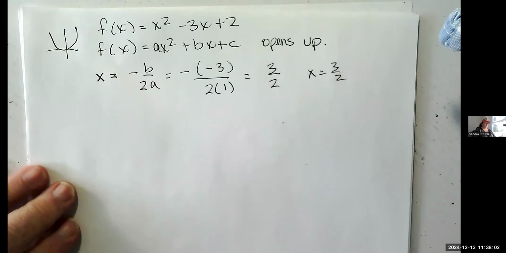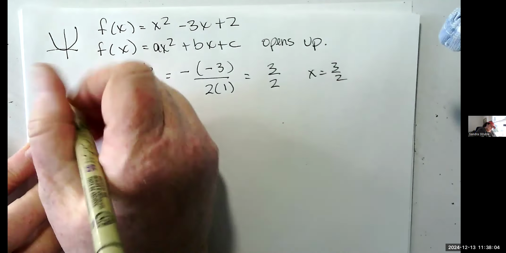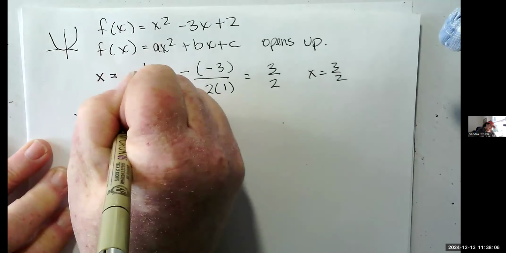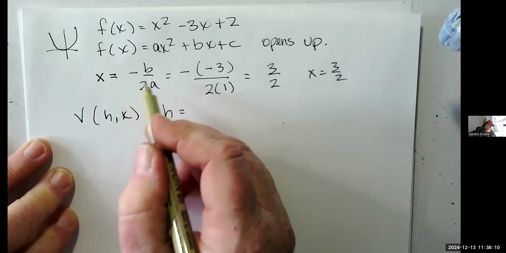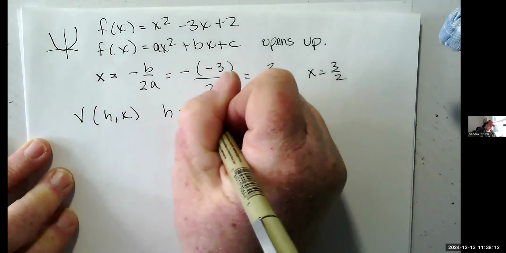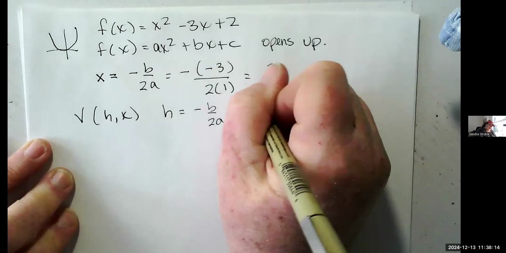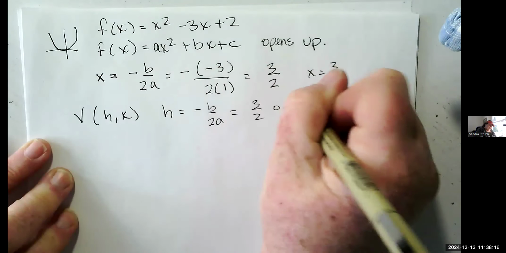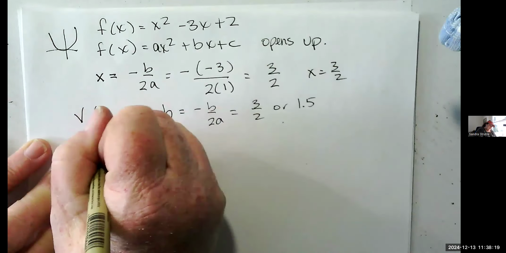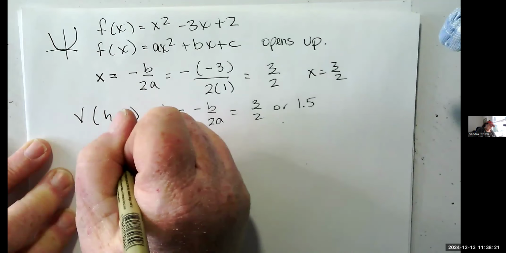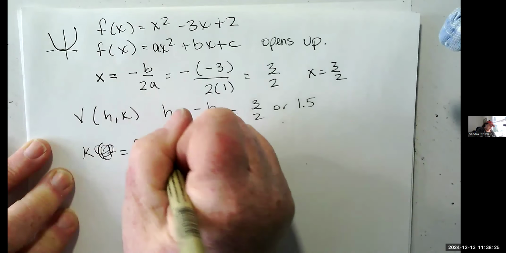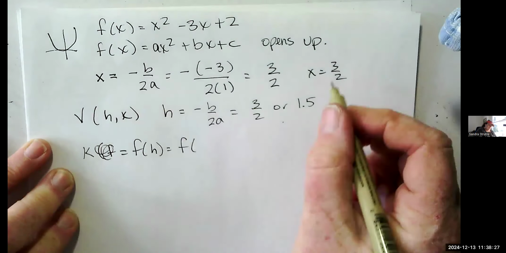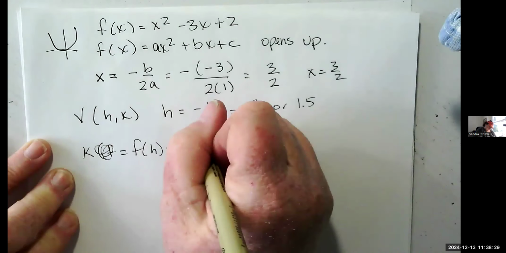All right, vertex. The vertex is HK. And remember, H is equal to the axis of symmetry version, the negative B over 2A, which we've already found is 3 halves or 1.5. And then K is just F of H. So in this case, F of 3 halves or 1.5.